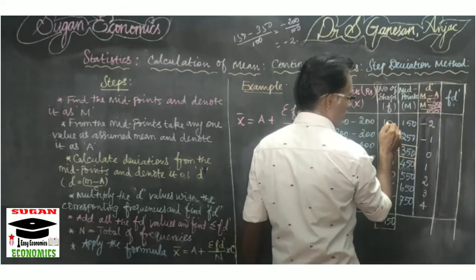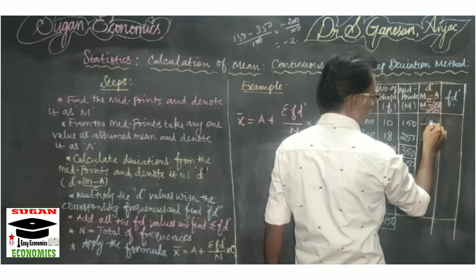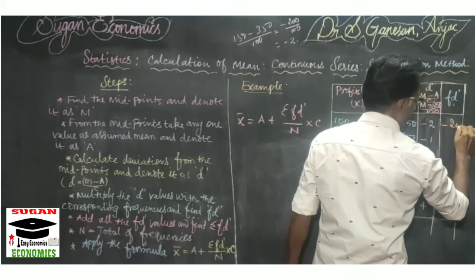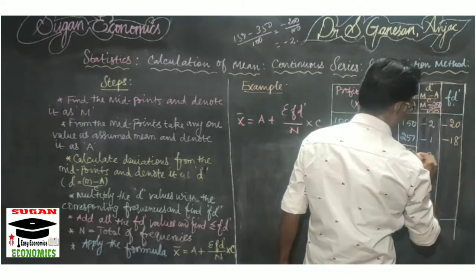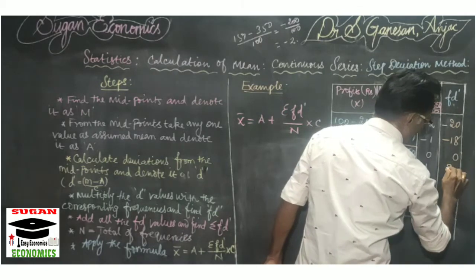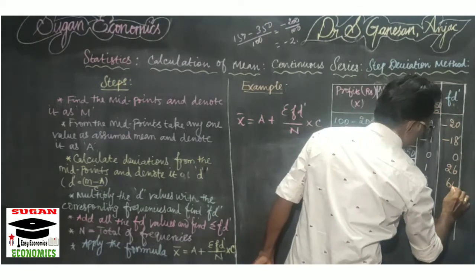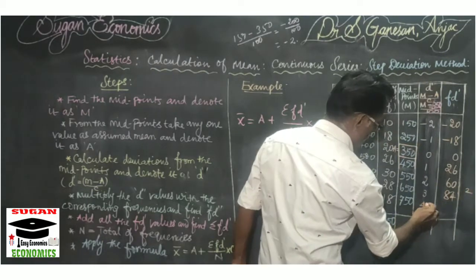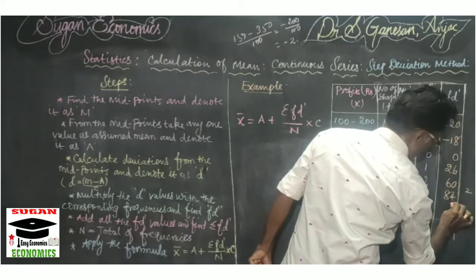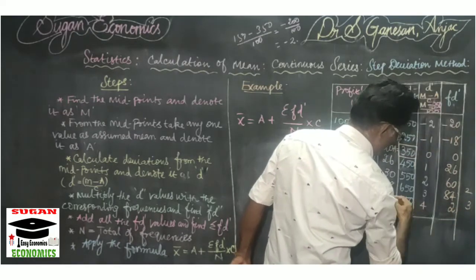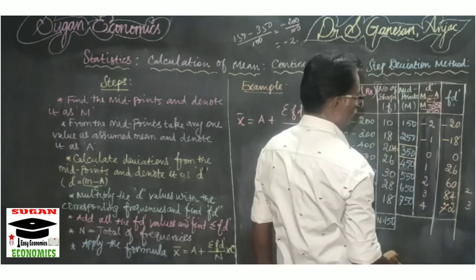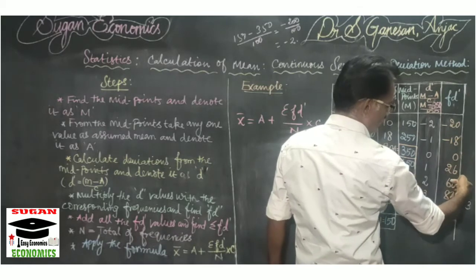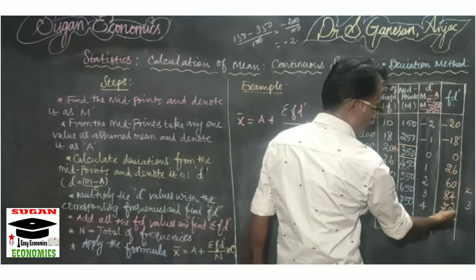The first frequency is 10 and the corresponding d dash value is minus 2, so plus into minus, minus 2 into 10, minus 20. Then minus 18, then 0, then 26, then 60, then 84, then 72. So the f d dash values are minus 20, minus 18, 0, 26, 60, 84, 72.